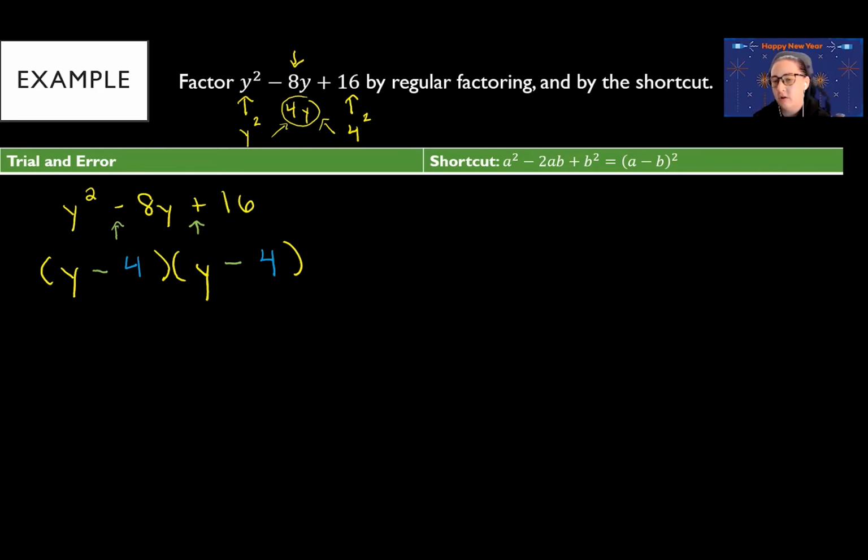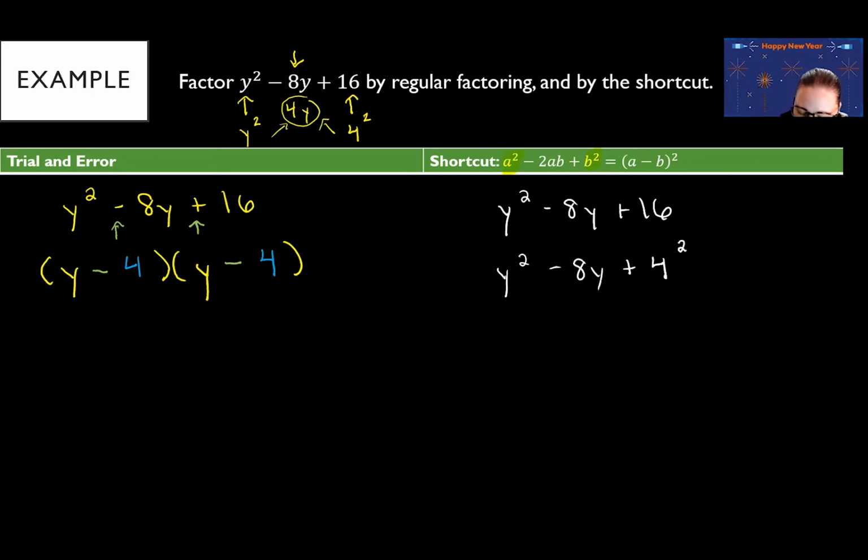Now, if we wanted to do this with our shortcut, we start with our y squared minus 8y plus 16. By determining that we've got y squared, we figured out that 16 is equal to 4 squared, and that matches our form here.